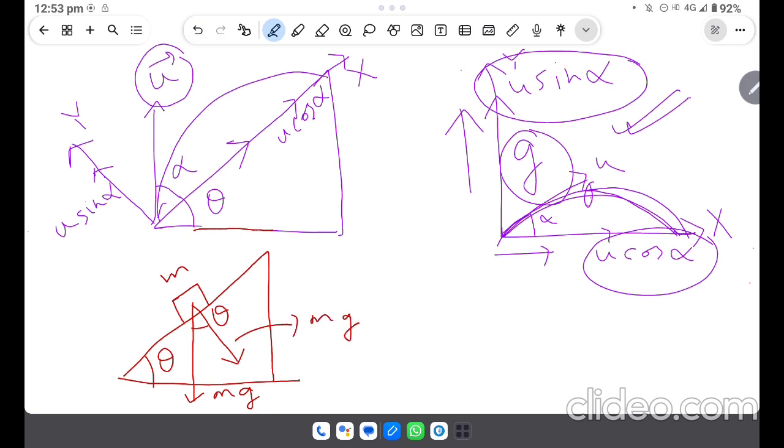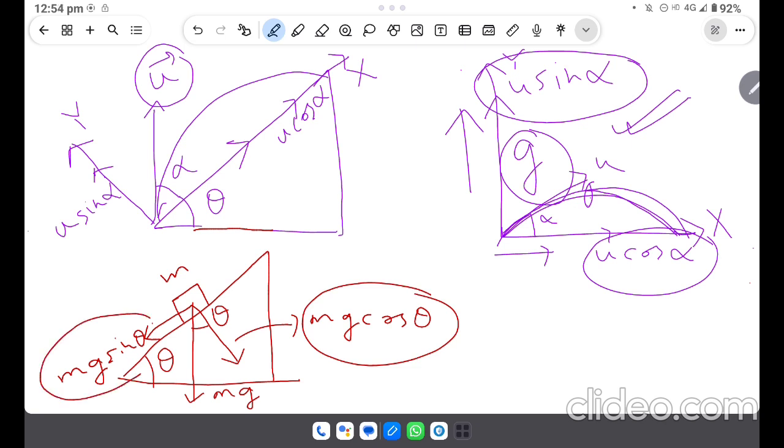Simple, the component of the mg, and the horizontal component will be the mg sin theta, is it not? Because we are just taking the horizontal component and the vertical component of the mg. So the vertical component here will be mg cos theta, but the horizontal component will be mg sin theta.